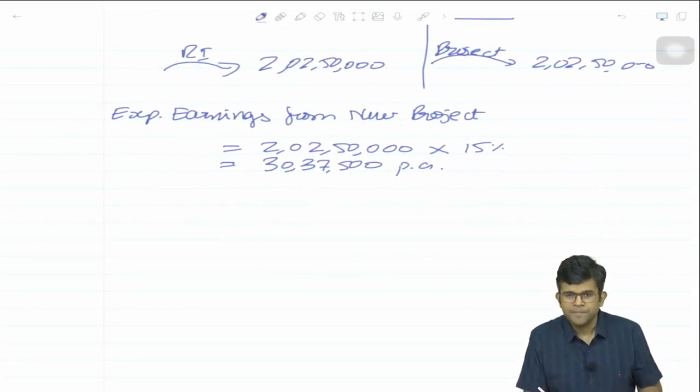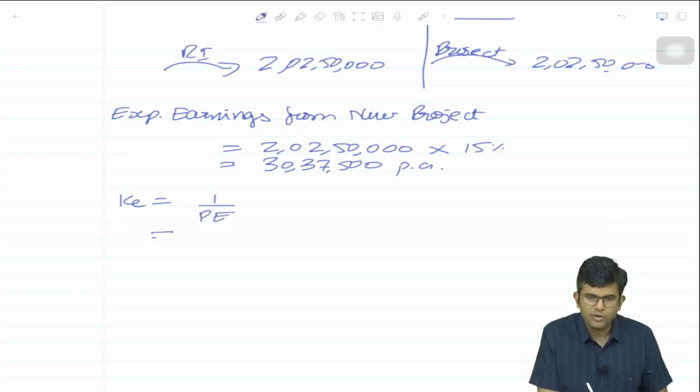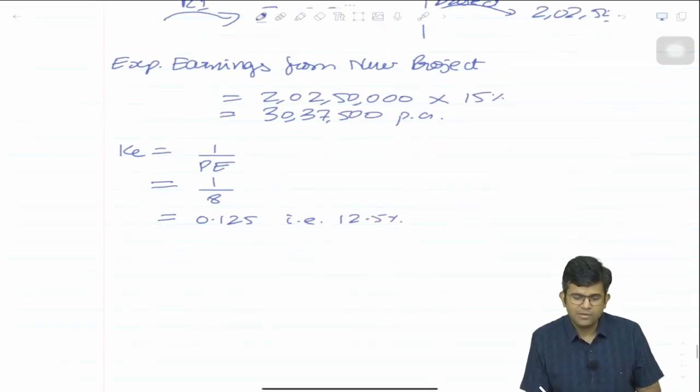Everyone clear? Now, everyone remembers KE is equal to 1 by PE. This formula all knows. Right now, the PE is 8 times and therefore 0.125, that is 12.5% will be K. Everyone clear? Why am I calculating this?